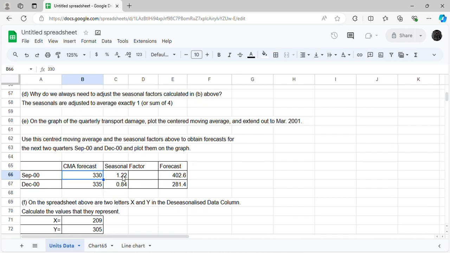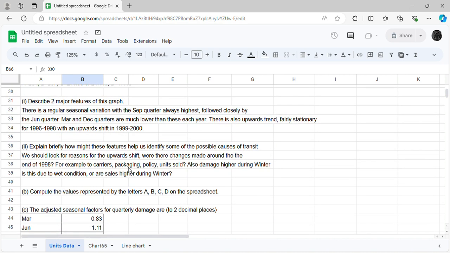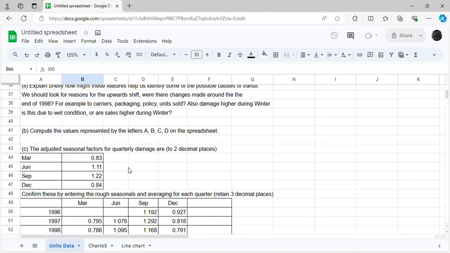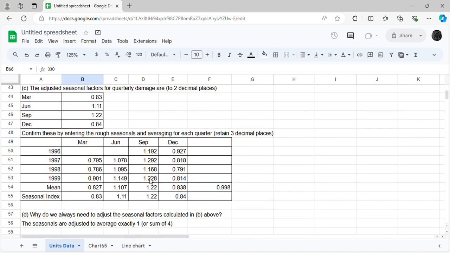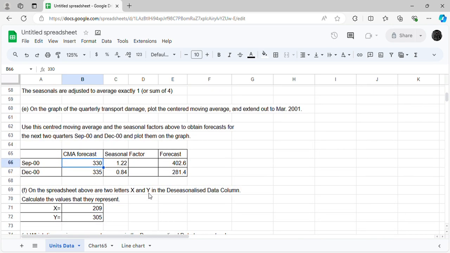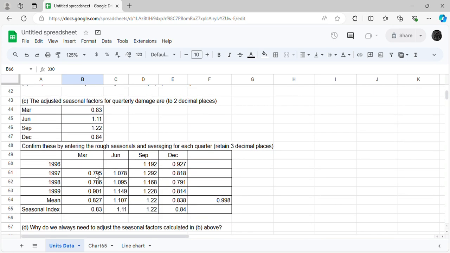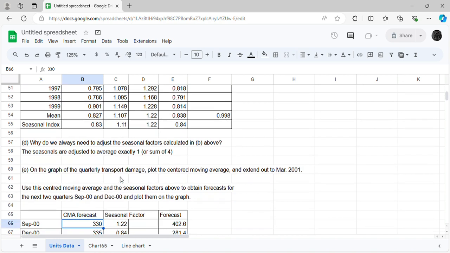And the seasonal factor for September is 1.22 and for December is 0.84.